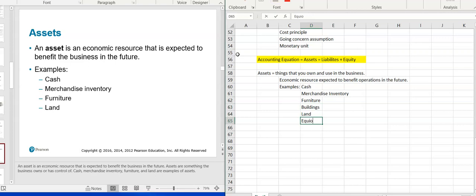Land, equipment. And then we're going to add in other things like supplies and things that you pay for in advance, such as prepaid rent or prepaid insurance. Okay, so those are some examples of assets.